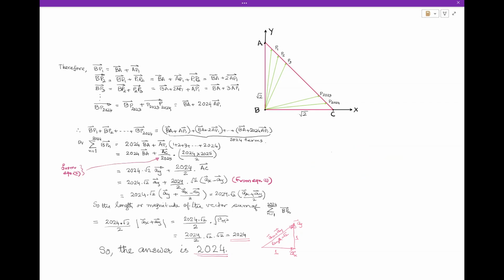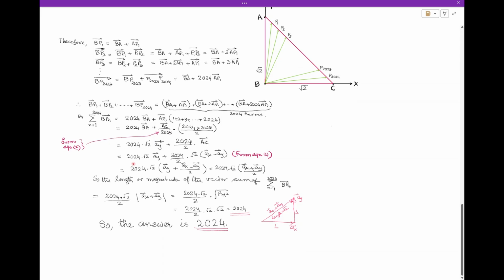So the summation of all these vectors is equal to 2024 multiplied by root 2 AY vector, because we know the value of BA vector is root 2 into AY vector. And the second term is 2024 divided by 2 multiplied by AC, because this 2025 will cancel with the 2025 in the denominator, and 2024 by 2 will remain.